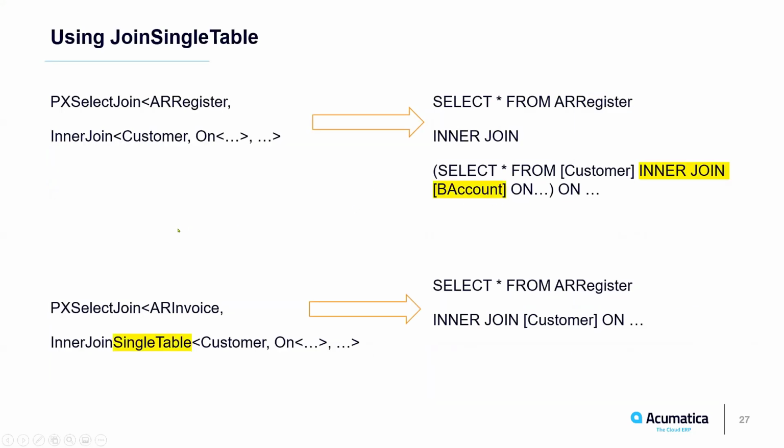In order to do that, we can use InnerJoinSingleTable, a special join type in BQL that removes that additional join, right? So here you see the example, we use InnerJoinSingleTable, and instead of select from customer inner join BAccount, we get select from ARRegister inner join customer without the BAccount.